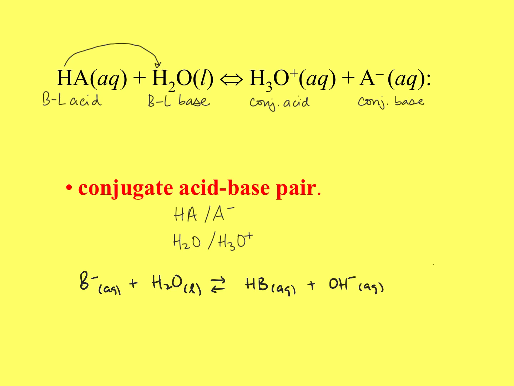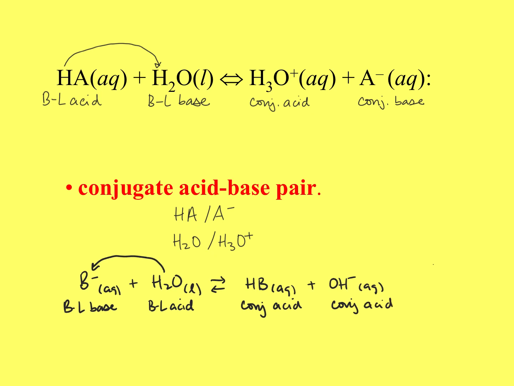Okay, so let's see what's happening in this case. This time the hydrogen is going from here to here, evidenced by the fact that you have HB on the right side. So this is now the Bronsted-Lowry base, whereas since this is giving up a hydrogen, this is the Bronsted-Lowry acid. B negative becomes HB, so that makes that the conjugate acid, and OH minus is what's left over after H2O, the Bronsted-Lowry acid, gave up its hydrogen, so that becomes the conjugate base.